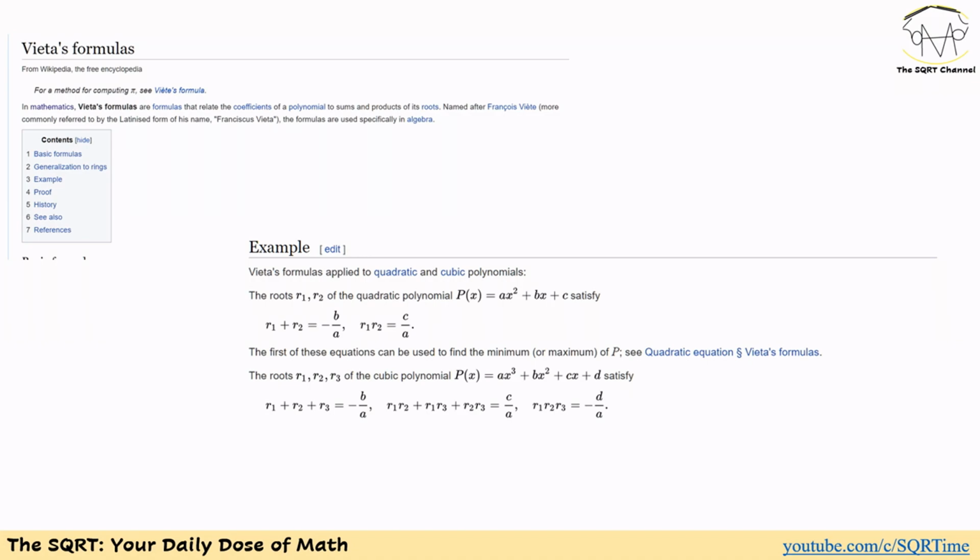The first one is r1 plus r2 plus r3 is equal to minus b over a. The second one is r1 r2 plus r1 r3 plus r2 r3 is equal to c over a. And the last one is r1 times r2 times r3 is equal to negative d over a. We are going to benefit from this Vieta's formula in the next part of the solution.